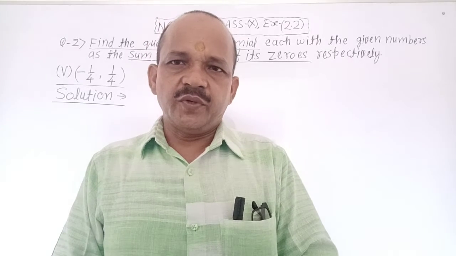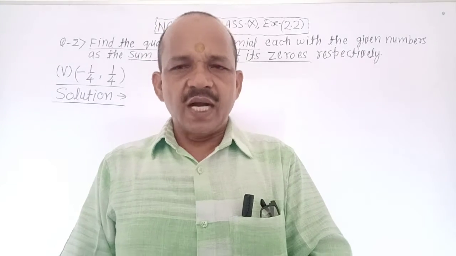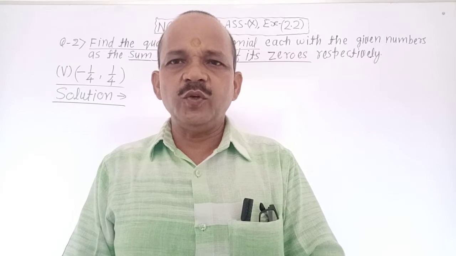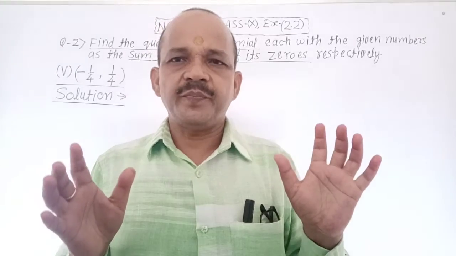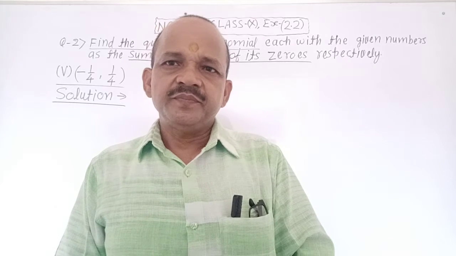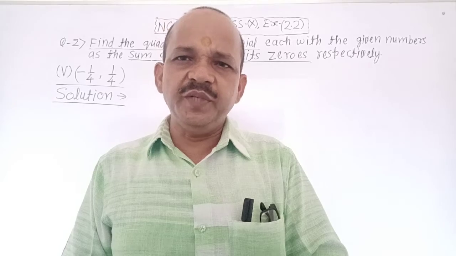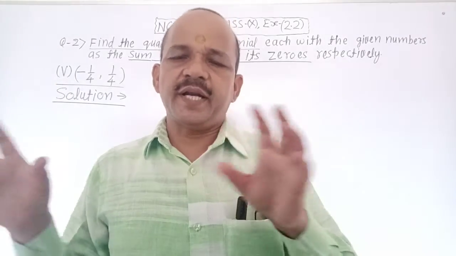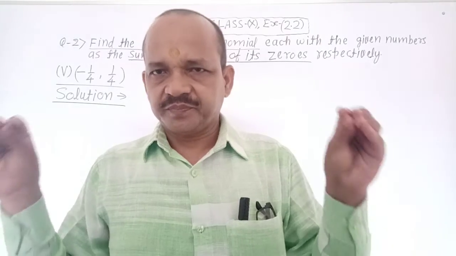Second, degree based polynomial. Term based polynomials are constant polynomial, zero polynomial, monomial, binomial and trinomial. Degree based polynomials are linear polynomial, quadratic polynomial, cubic polynomial and biquadratic polynomial. It is clear, no confusion about it.